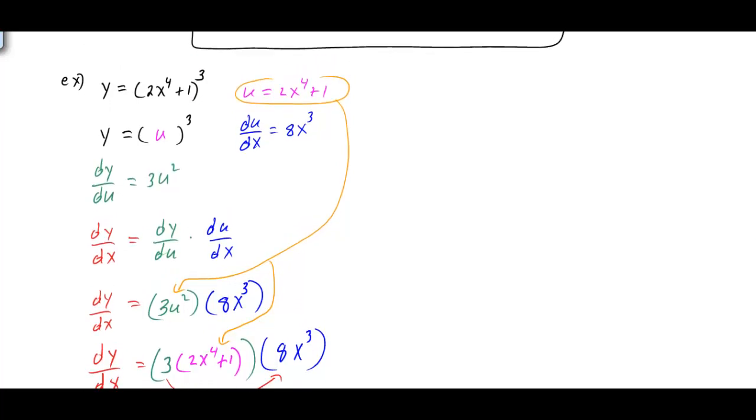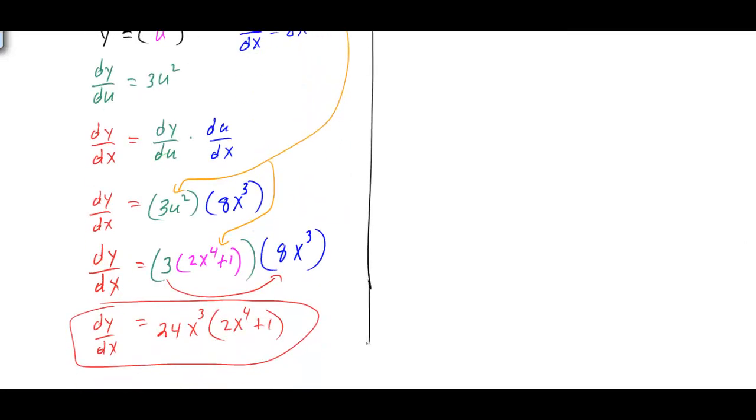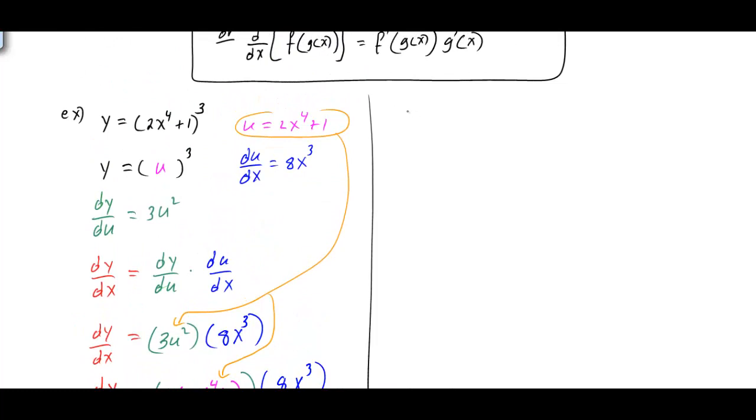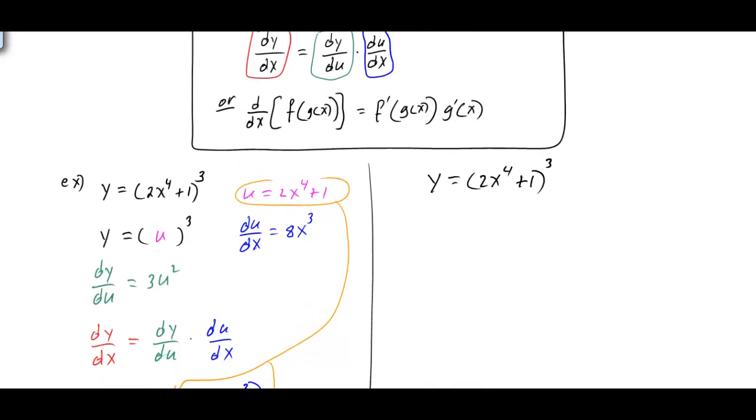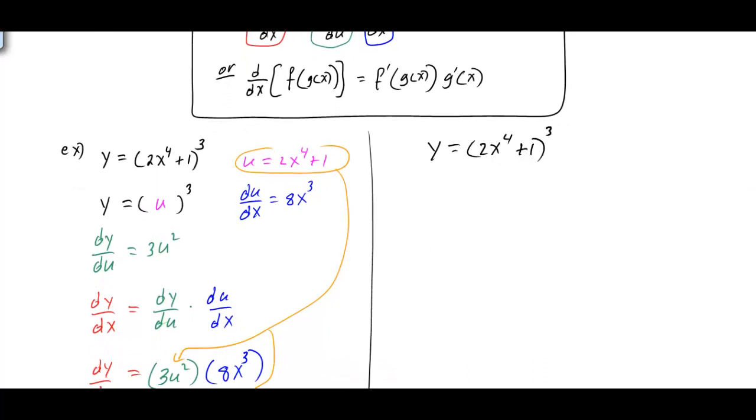So now I want to go back and look at this example one more time. We're still going to look at y equals 2x to the fourth plus 1 cubed. But I want to now try to explain this in a little bit simpler fashion. Looking at this part here, the derivative of f of g of x.